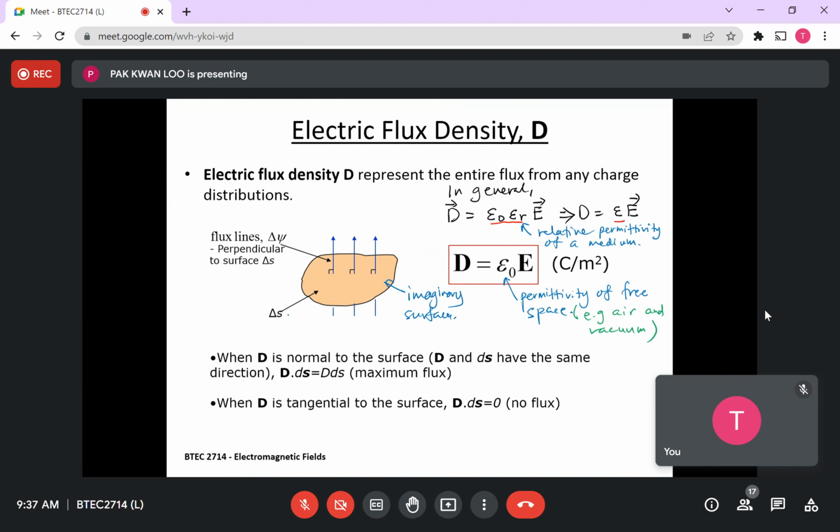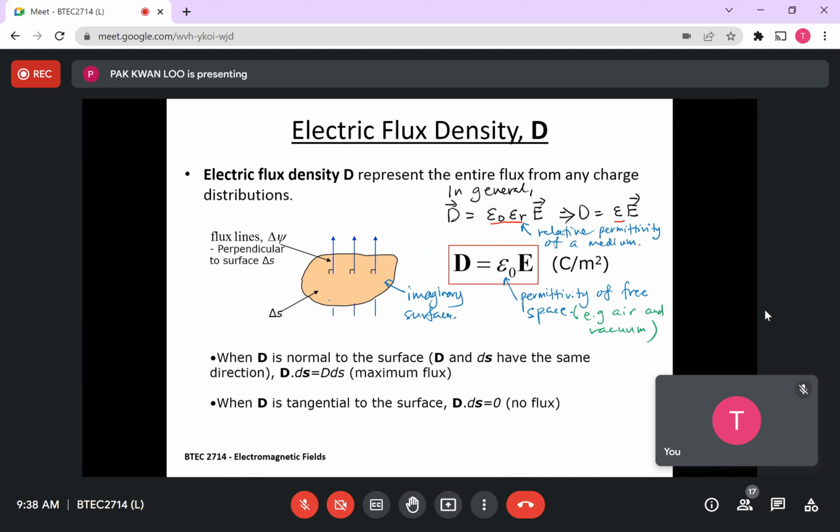So here it is an open surface. This is by definition. As I said, if you understand the closed surface as a plastic bag, then you should know that this is an open surface. When D is normal to the surface, then the flux is maximum.